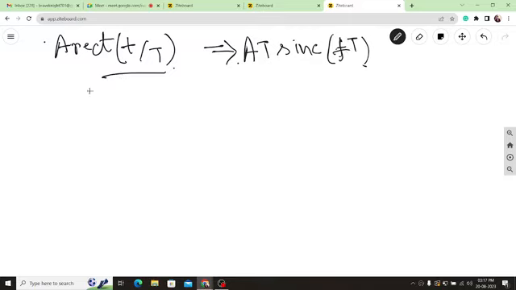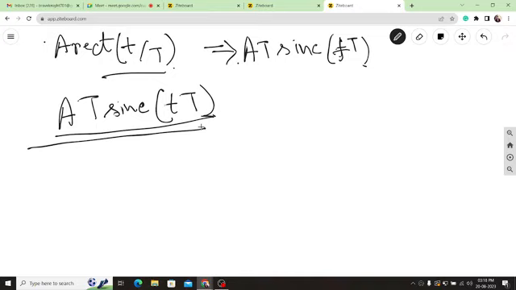Following this, if we want the Fourier transformation of a signal like AT sinc of Tt, this will have a Fourier transformation like this.